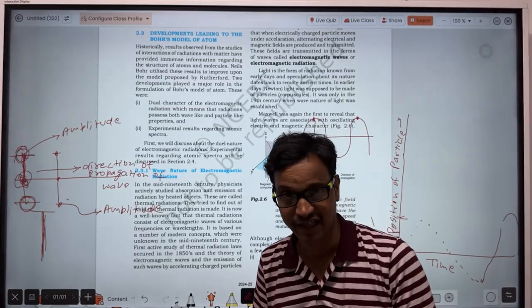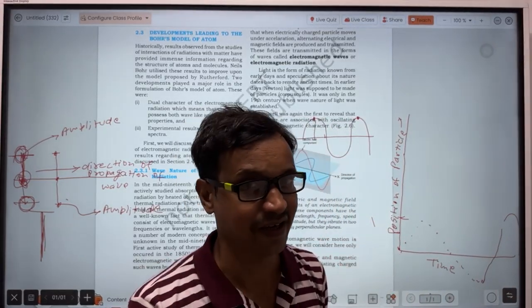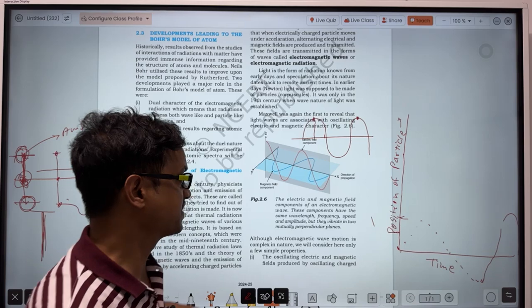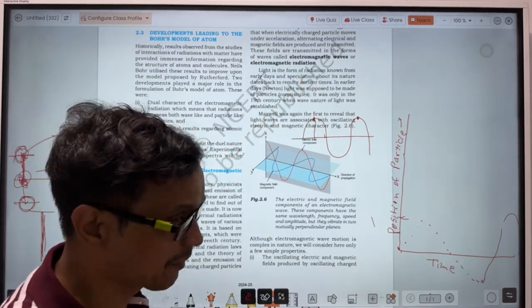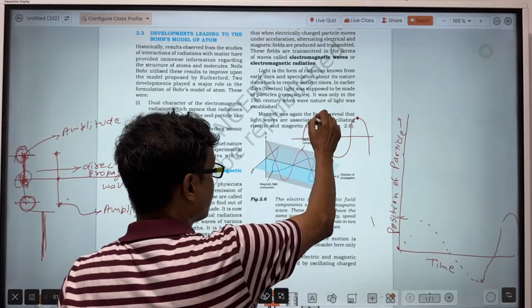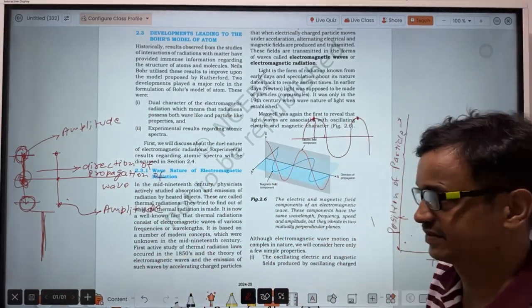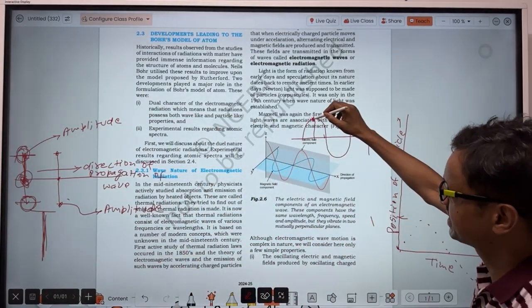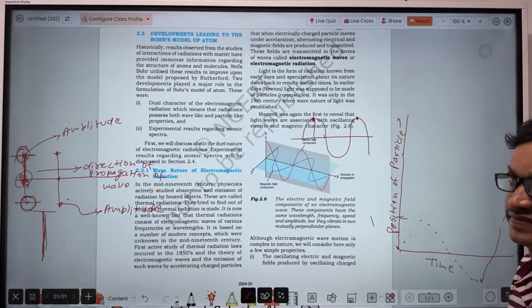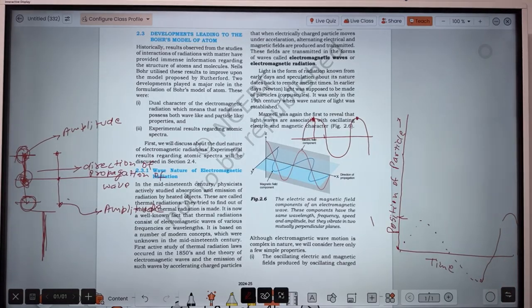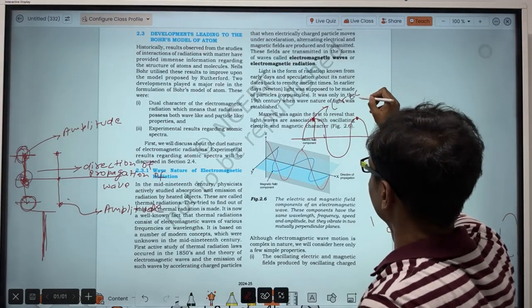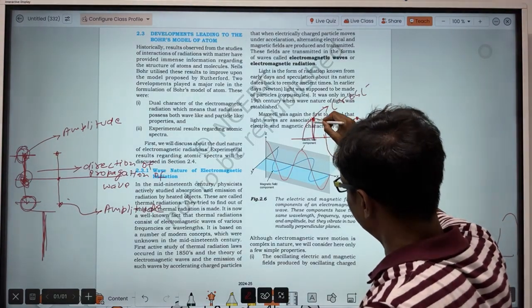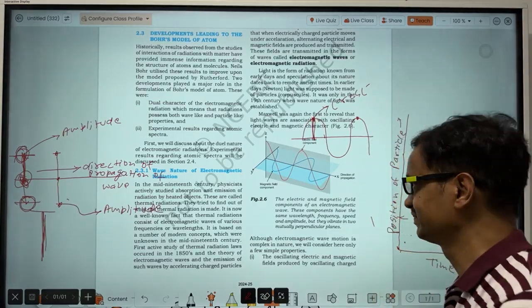What's the difference between crest and amplitude? Amplitude is the distance between the crest and the origin, and crest is the maximum point, the maximum distance of the particle from the origin. So this is the crest, and the distance from the origin is called amplitude.